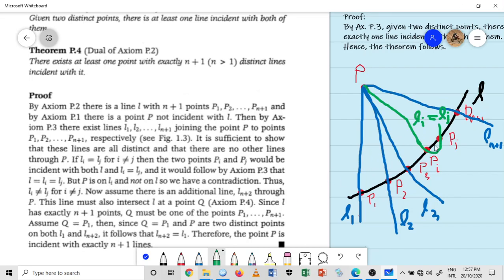But again, take note, the points on L are distinct points. These two are not the same.